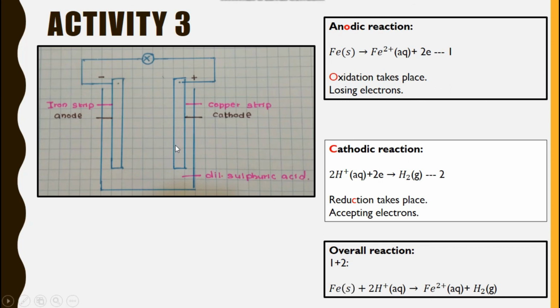Always positive gets attracted to negative, so the positive H+ ions will go near the cathode to combine with the electrons. The H+ ions combine with the electrons, and then they form hydrogen gas.